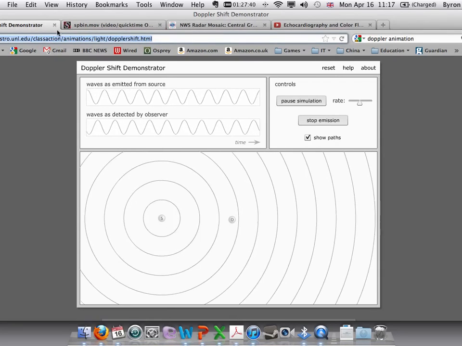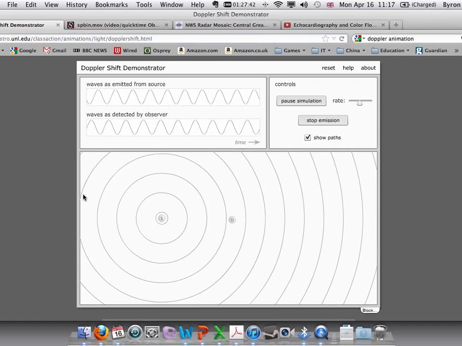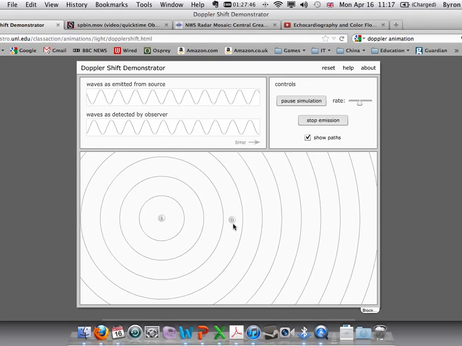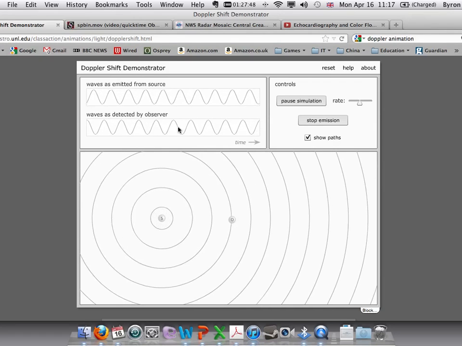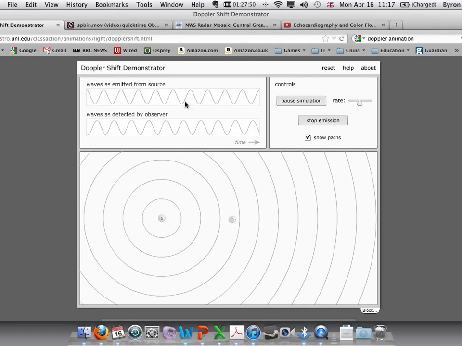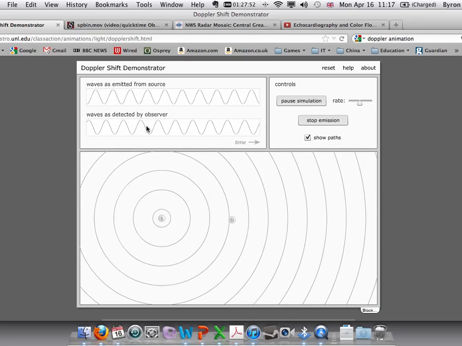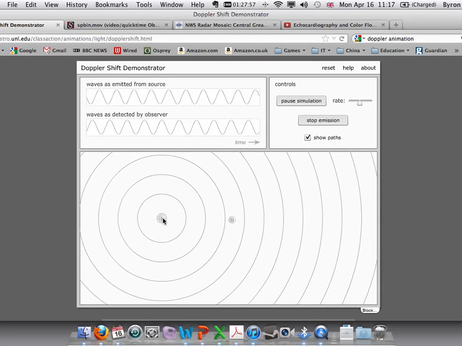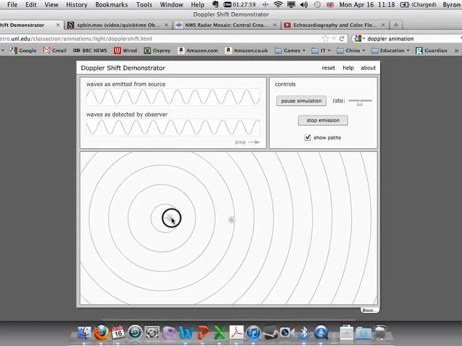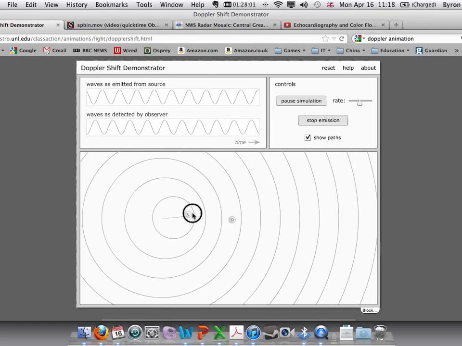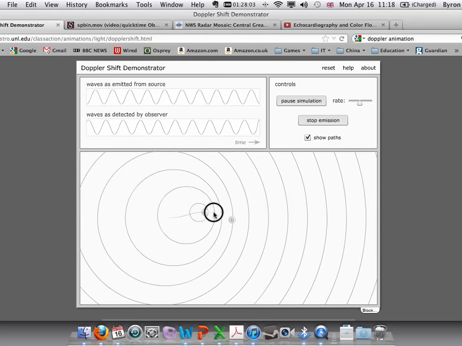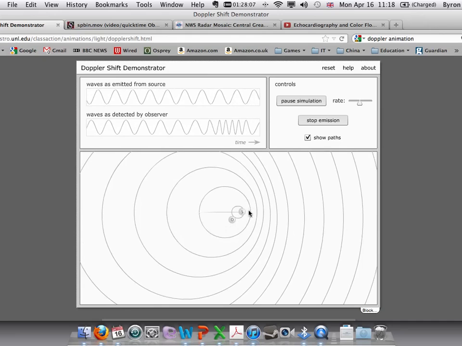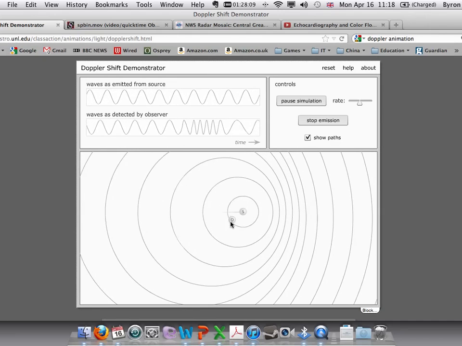Here we have another non-audio source, but here is our source again giving out waves, and here is our observer. When the two are at rest relative to each other, we see exactly the same thing. However, if I move the source, then the waves become compressed in the direction of the source, and we see a definite difference in the wavelength.